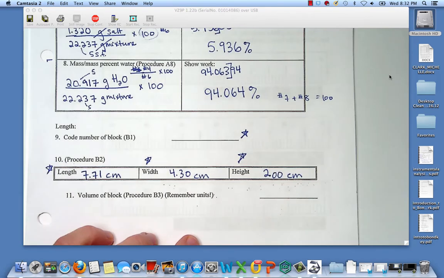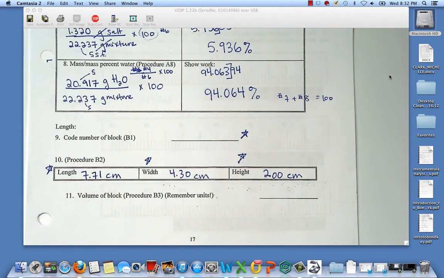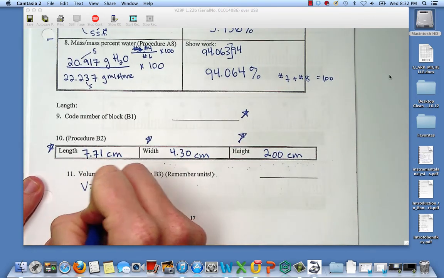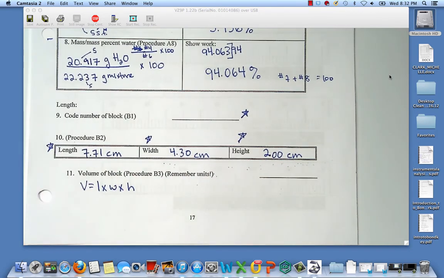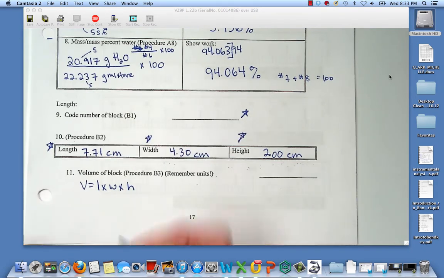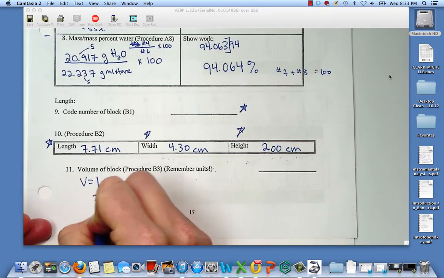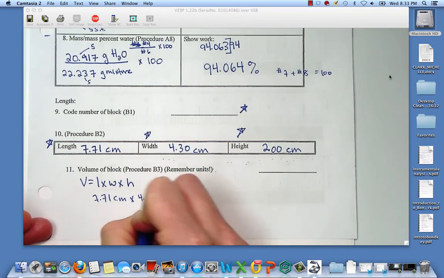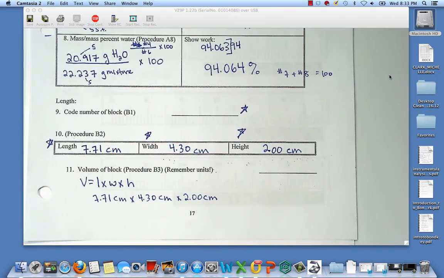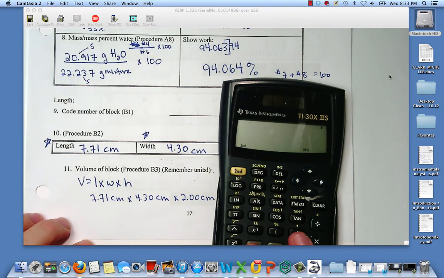So we'll fix this for you. You won't get anything counted off. Now, how do you calculate volume? Length times width times height. Very good. So you're going to take 7.71 centimeters times 4.30 centimeters times 2.00 centimeters. Now, what operation are we doing?